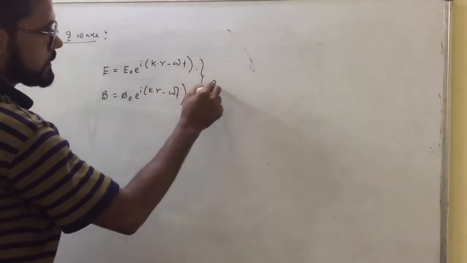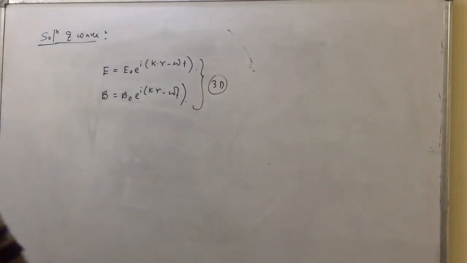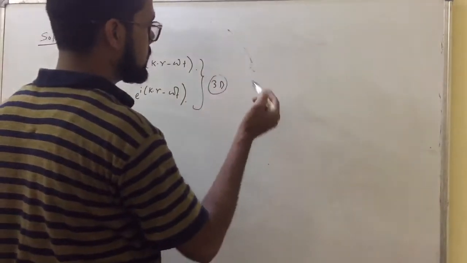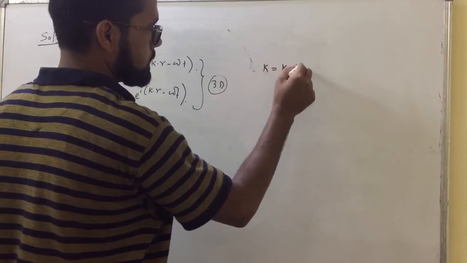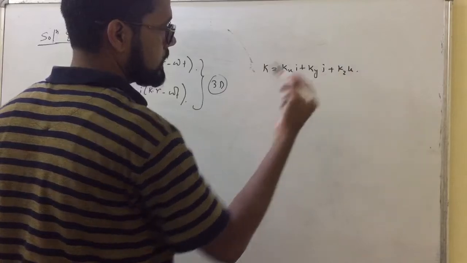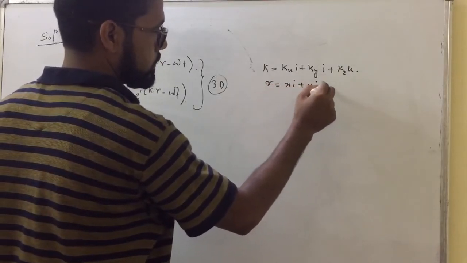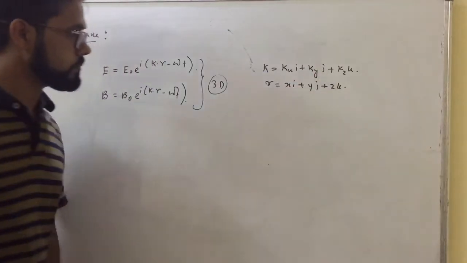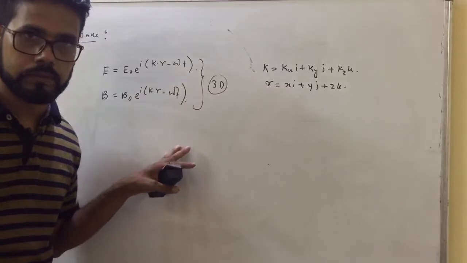This is a three-dimensional solution. Okay, why is it three-dimensional? Because k equal to kx i plus ky j plus kz k, and similarly r equal to x i plus y j plus z k. This is a three-dimensional solution and it is in phasor form.